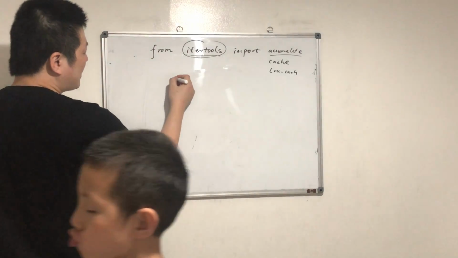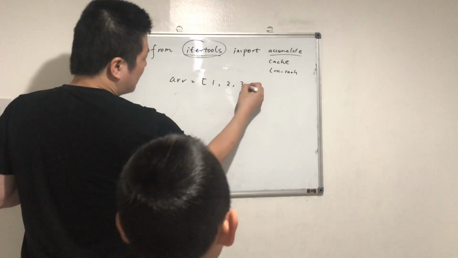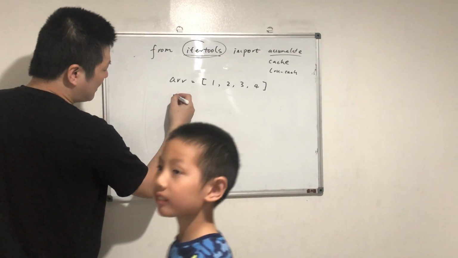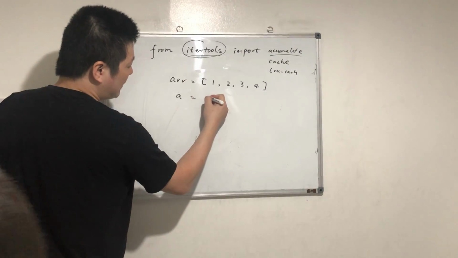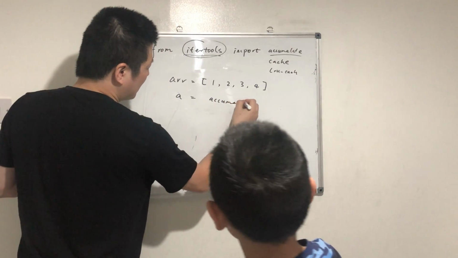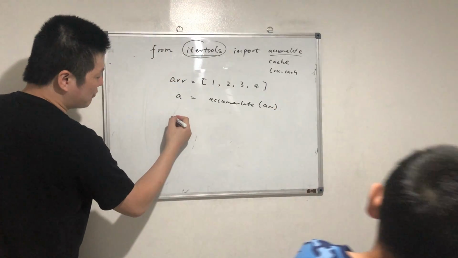So look, if array equals array, okay, so like that. Let us say A equals accumulate of array. And then you want to print it.